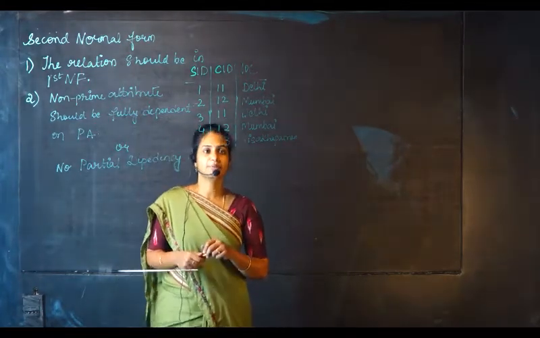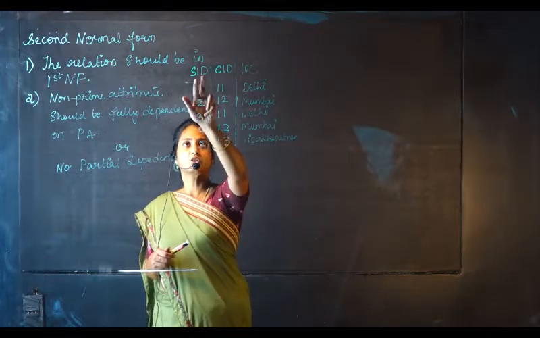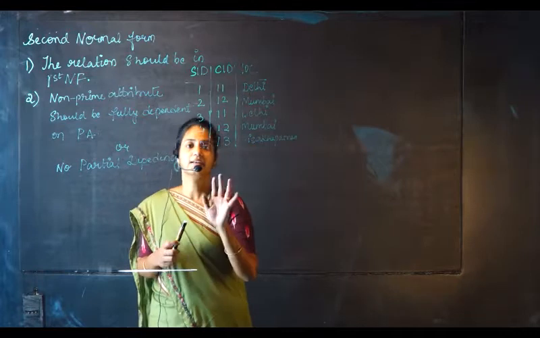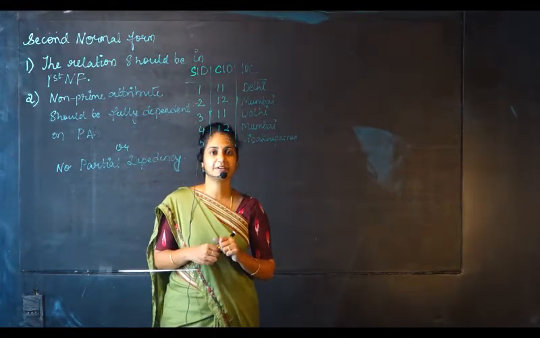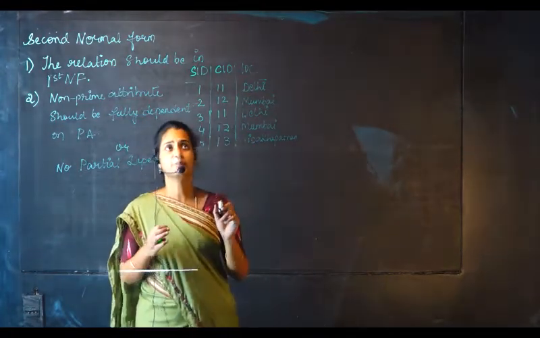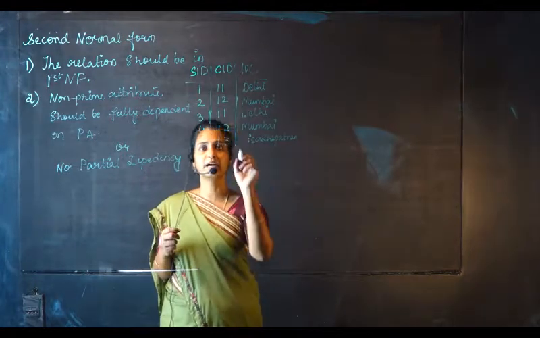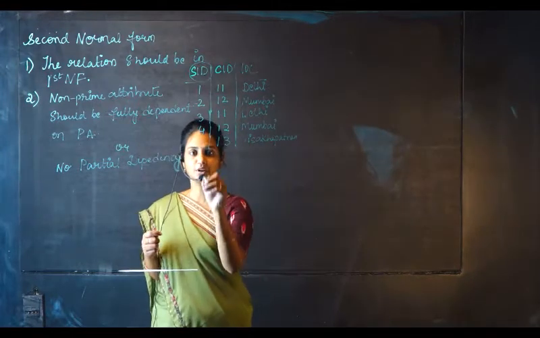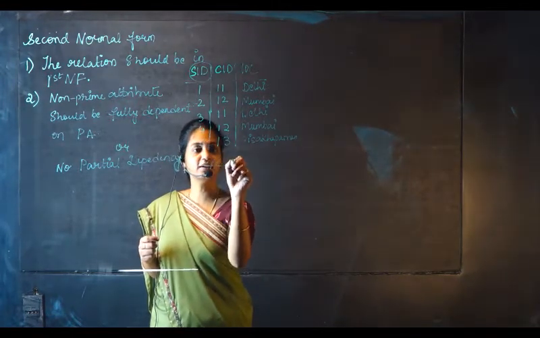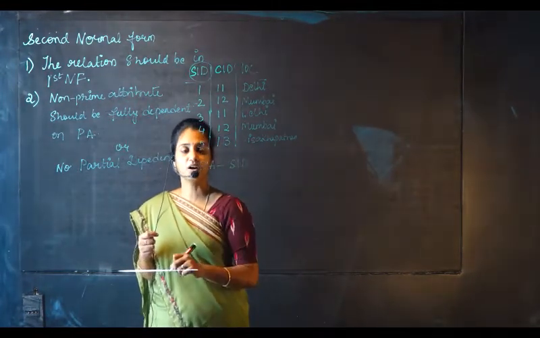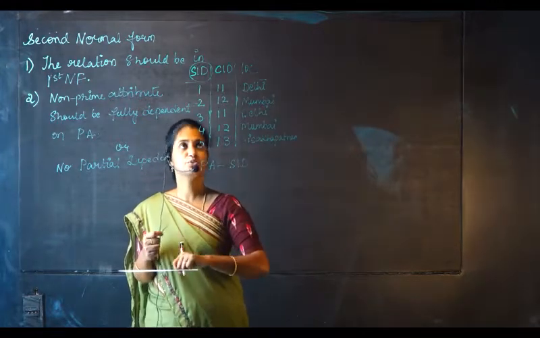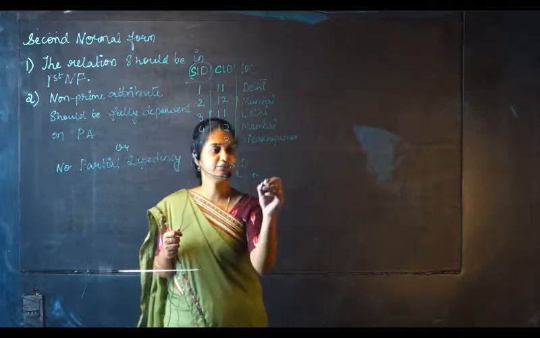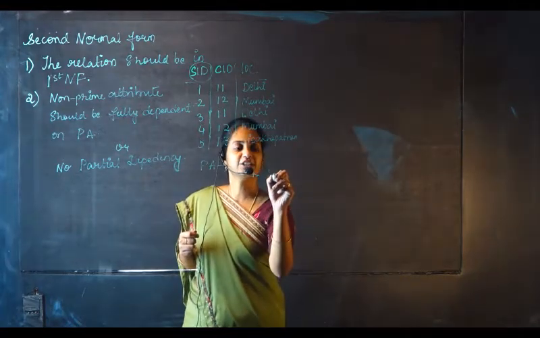So in this example, what do we have? We have student ID, course ID and location. Now tell me what the prime attributes are. The prime attribute here is student ID, because based on the student ID we have location.